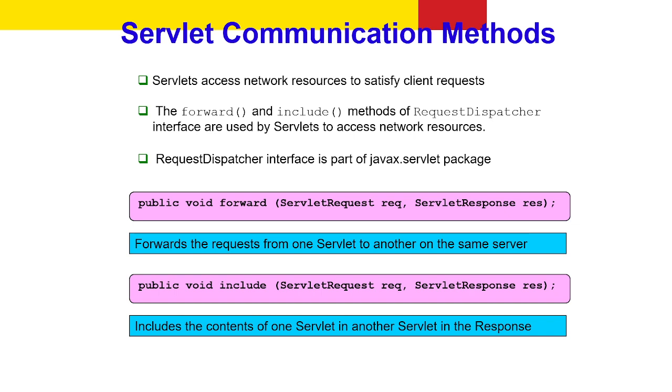Include means in the present response, it will include the content of another resource. Just understand: forward means from one servlet to another servlet, there are two servlets, from here to here. But in include, it will include the contents of this in the present servlet which you are working on. We'll see how it works. It's also easy, only for passing the data from one servlet to another.